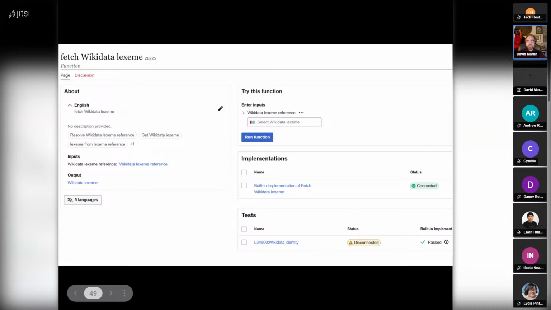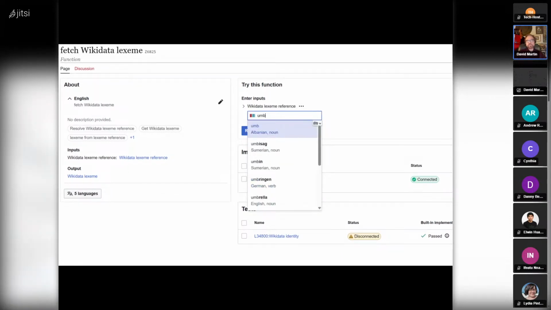So in the user interface, suppose I want to fetch the lexeme for the English word umbrella. Our user interface provides a lexeme selector, which contacts the Wikidata search API and shows you matching lexemes that you might be interested in. After typing in the first 3 letters here, as you can see, the lexeme I'm interested in shows up here, umbrella.